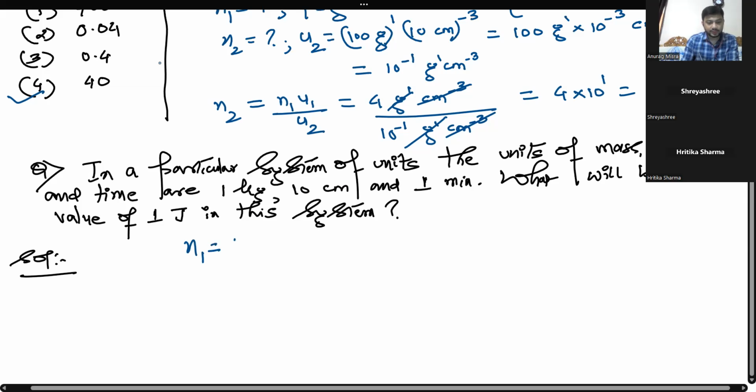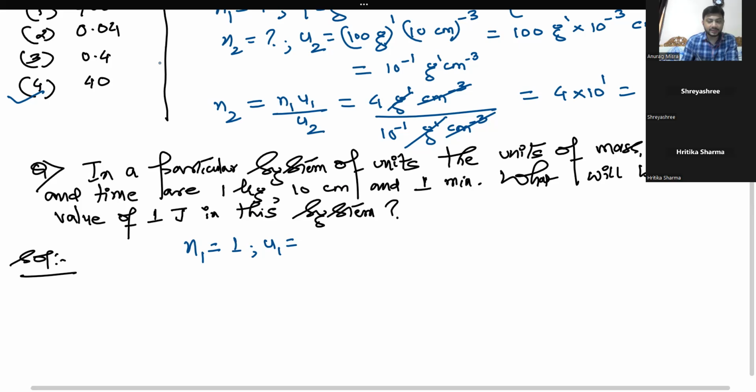The initial value is given as 1. And what is our U1? Joule. But joule is not a fundamental unit. You have to express it in terms of fundamental units. What is joule? Energy or work.